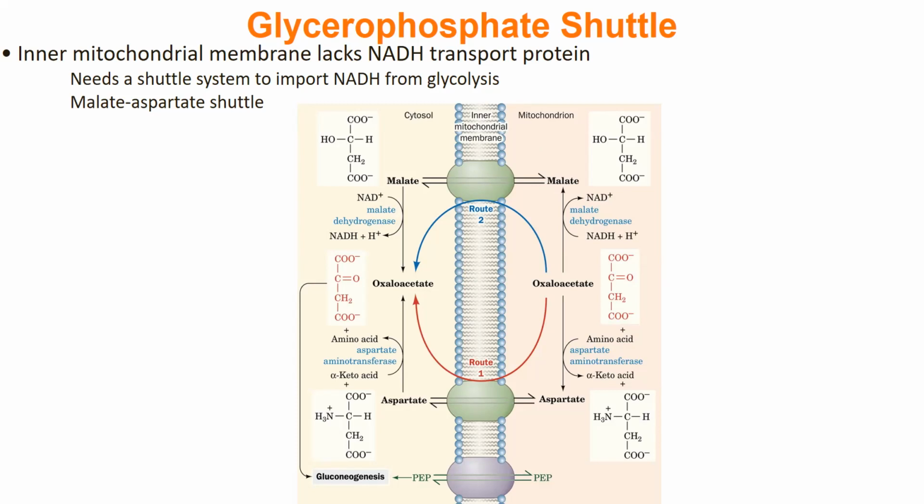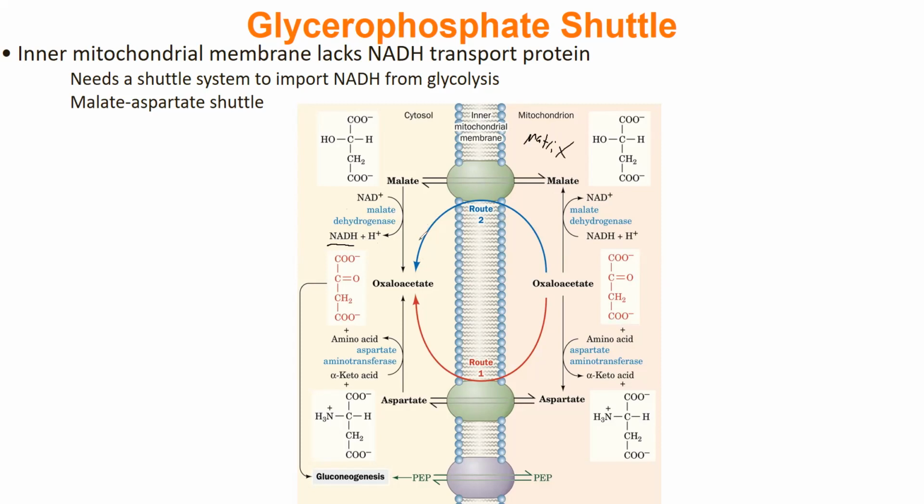This is also used to transport NADH from the cytoplasm into the mitochondria. So remember, in glycolysis, we make some NADH, and oxidative phosphorylation happens in the matrix. So this needs to be transported into the matrix.